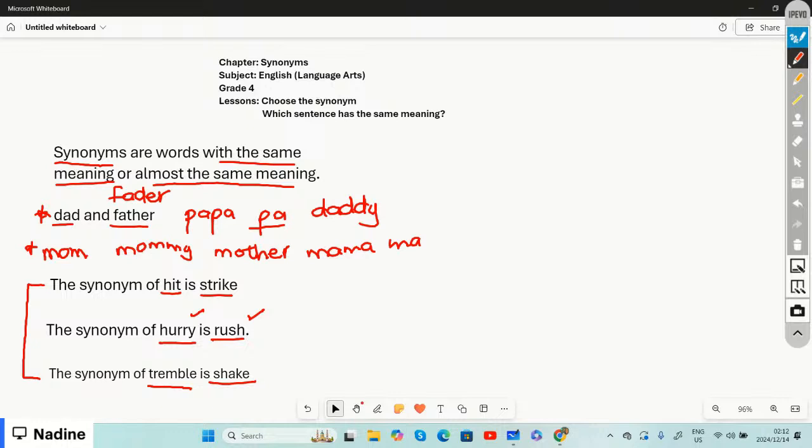I'm going to write down a word, and then you will let me know if you know the word, and then I will write it next to that. So we're going to identify synonyms now.